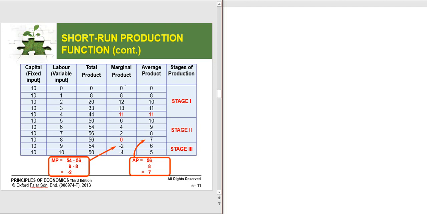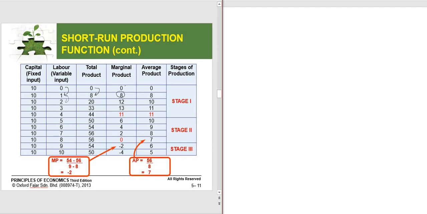And then marginal product, as we have looked at in the formula before, is calculated as the change in the total production divided by the change in the number of labor. So in this case, when you increase from 0 labor to 1 labor, you get an additional 8 units of production, so your marginal product is 8.